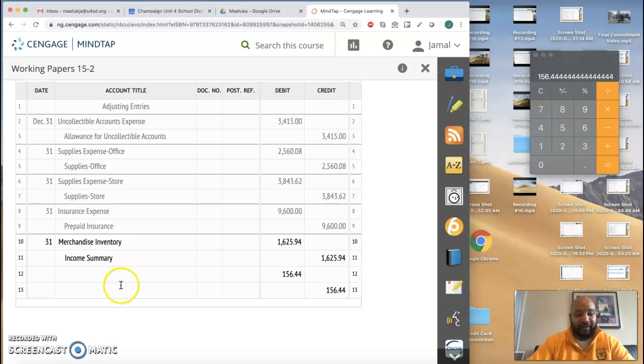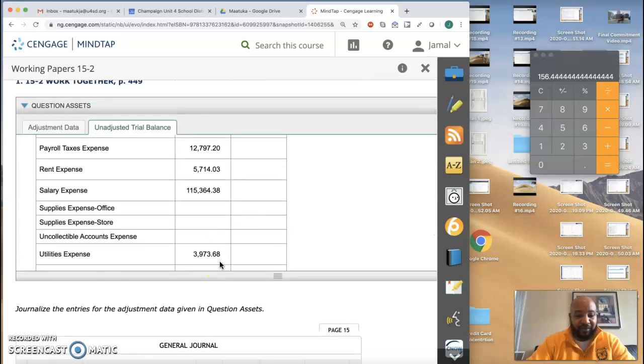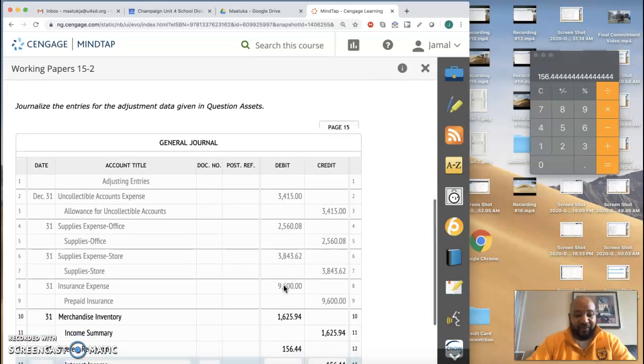We got interest receivable and interest income, both on the 31st. That looks real good to me. So we have our two entries.